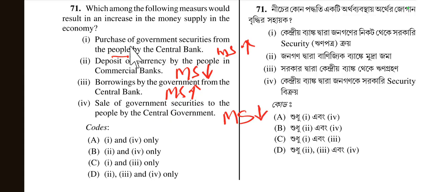The question asks which of the following measures would result in an increase in money supply. In option 1, money supply increases. In option 3, money supply increases. So 1 and 3 only are the correct choice. So option C is the right choice for question number 71.